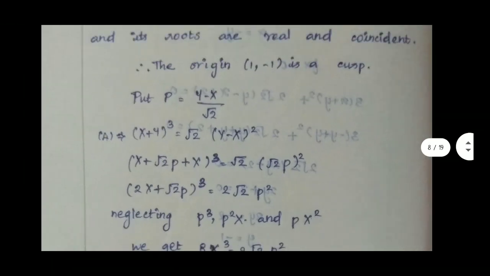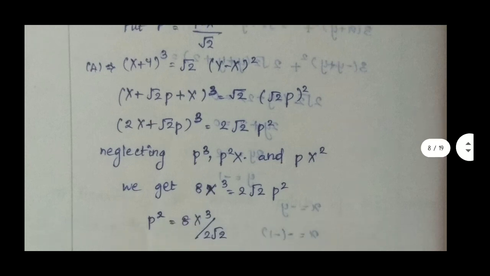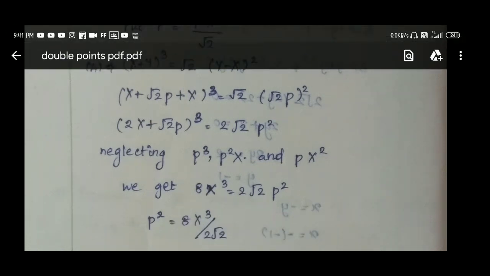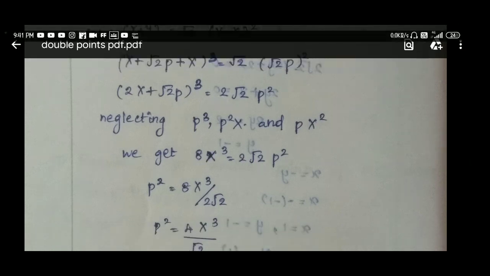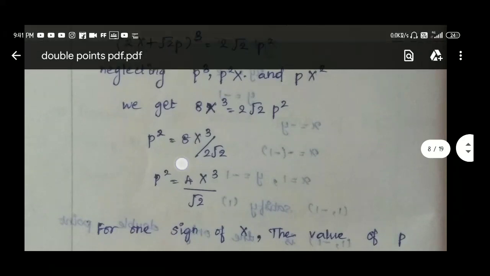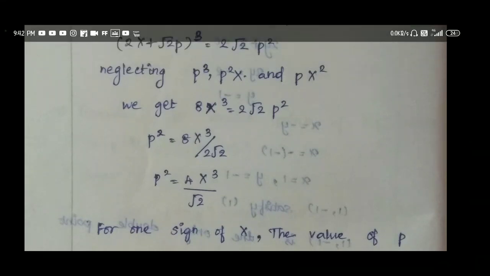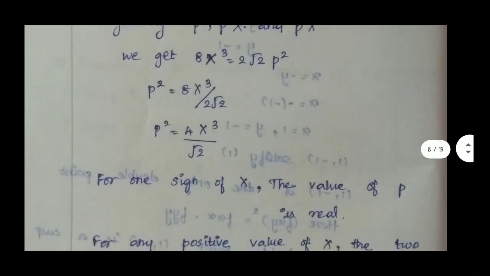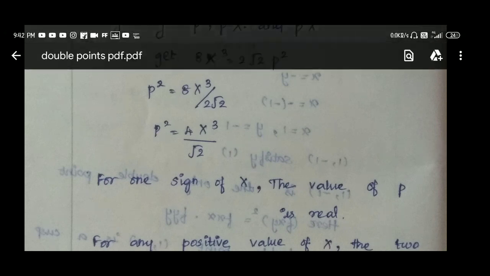So (2X plus 2 root 2 p) the whole cube equal to 2 root 2 p square. Neglecting p cube, p square X and higher terms, we get 8X cube equal to 2 root 2 p square. From this p square equal to 8X cube by 2 root 2, which on cancelling gives p square equal to 4X cube by root 2.